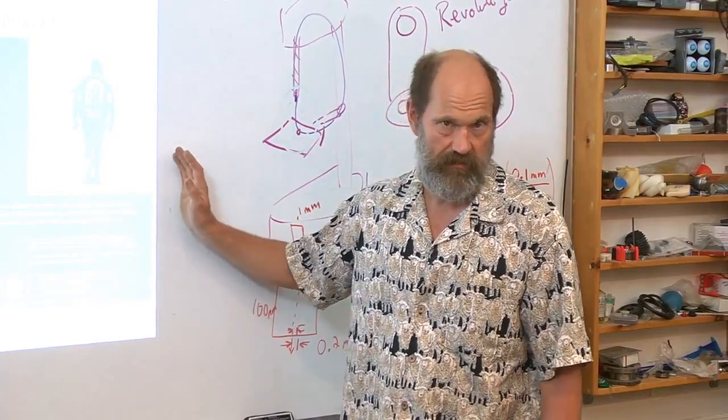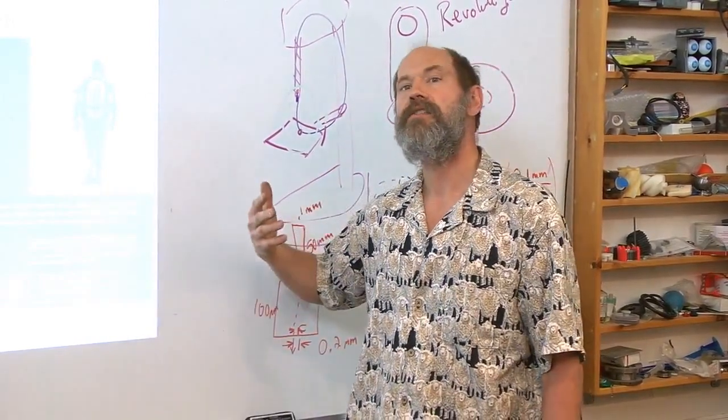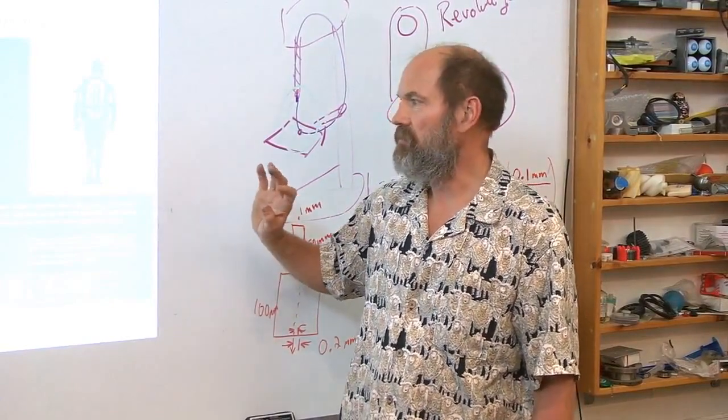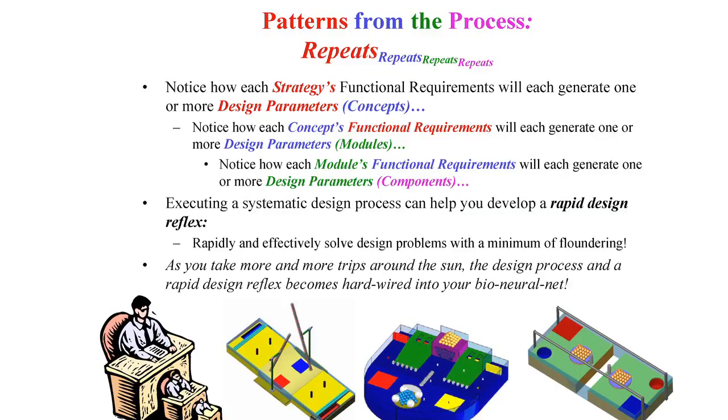And the way you get them is model them, do the math, do the physics. This is why you do the engineering classes. You understand things, you build the code, you follow standards. Remember, the design parameters for the module become the function requirements for the components.